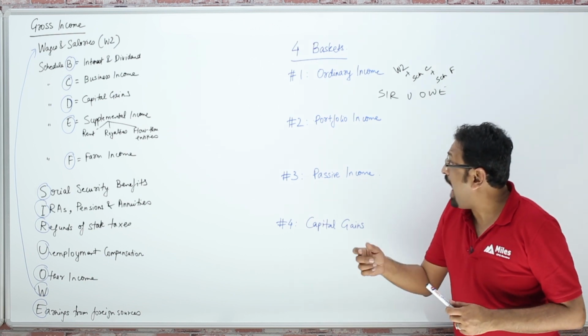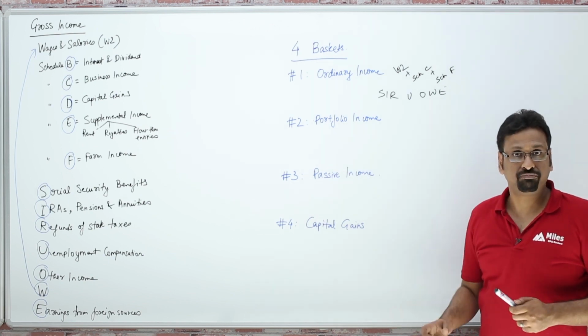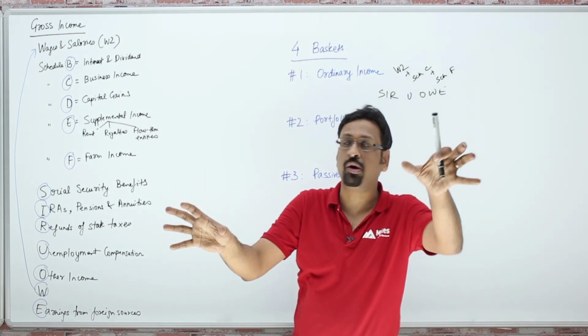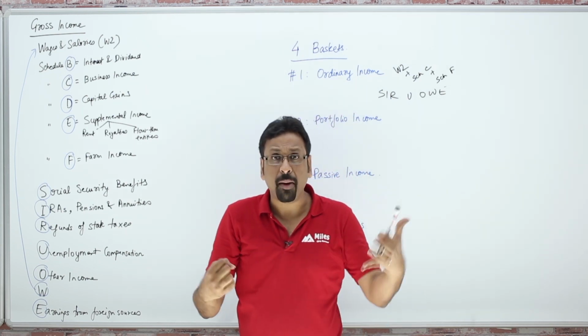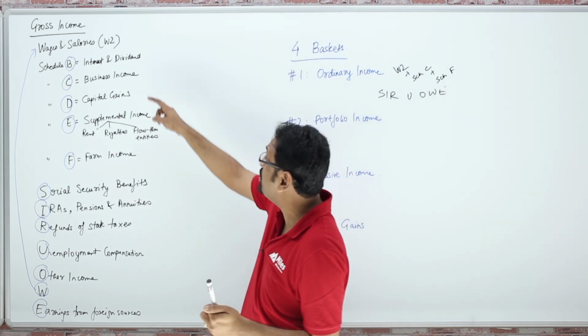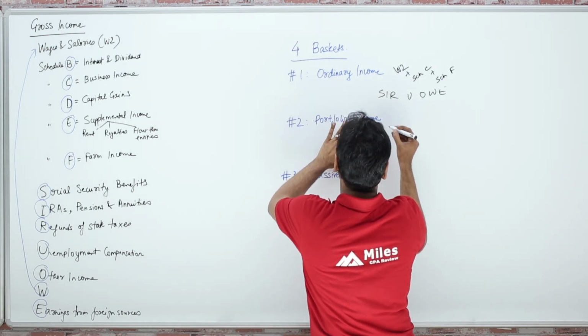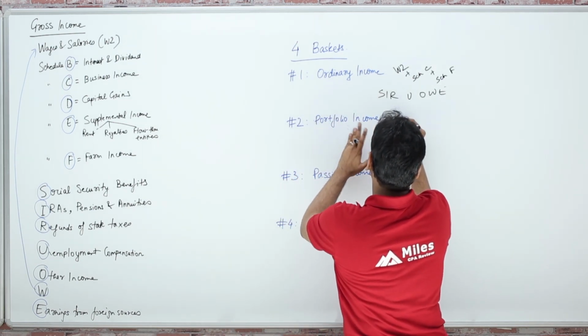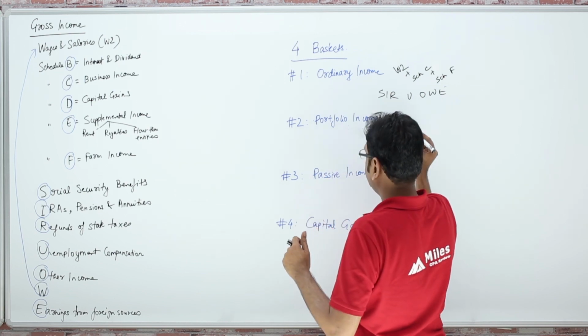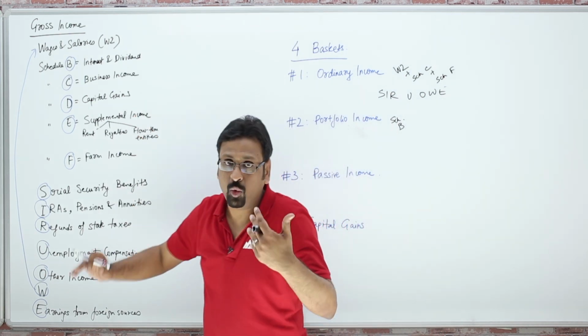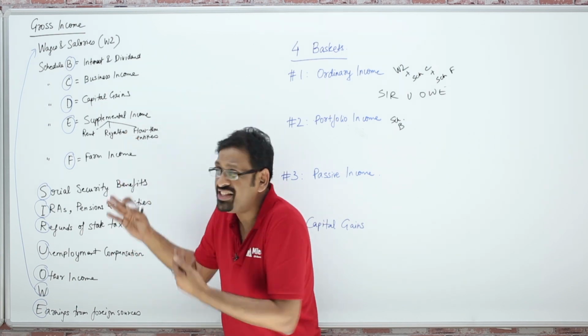Now, if you have a portfolio of bonds and stocks, you get interest income and dividend income. All of that goes into Schedule B. So Schedule B is predominantly your portfolio income. So let me put that here. Schedule B, portfolio income. Schedule E, we said, is supplemental income or passive income.